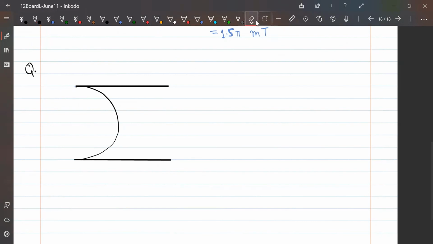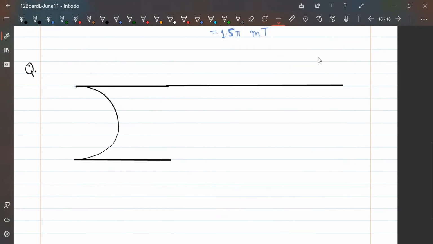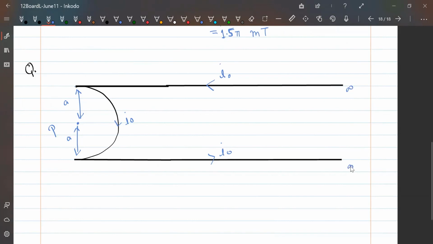Or let me say they are semi-infinite wires. We have to find magnetic field at this point, P. And let us say this distance is given as A. That's the radius of the semicircle. And current is coming like this, value is I naught, then going through the semicircle, and then going back to the semi-infinite wire. Semi-infinite means this part is an infinity. Find magnetic field at point P at the center.